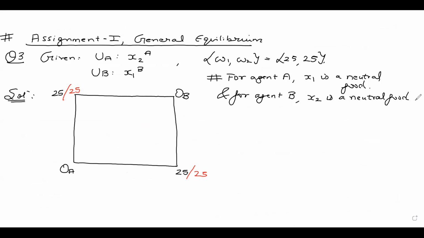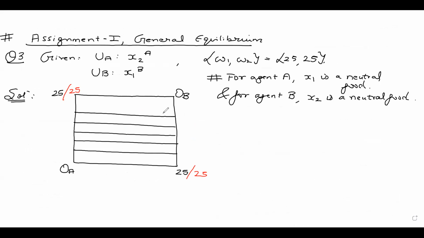How will A's ICs look like? For agent A, X1 is a neutral good, so ICs are going to be parallel to the x-axis. These are going to be A's indifference curves, and the direction of preference is strictly north. This is my direction of preference. How will agent B's indifference curves look like?